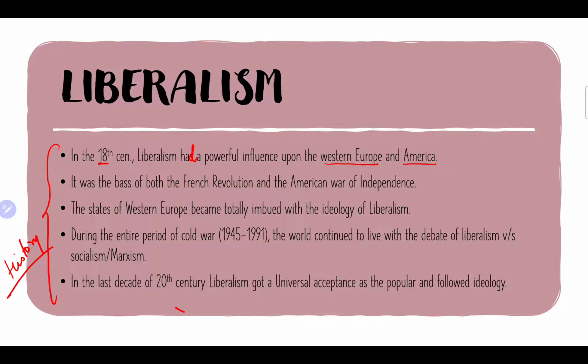The 18th century was the base of both the French Revolution as well as the American War of Independence. I know you have heard about these, and liberalism was the base of these two phenomena that happened in the 18th century.